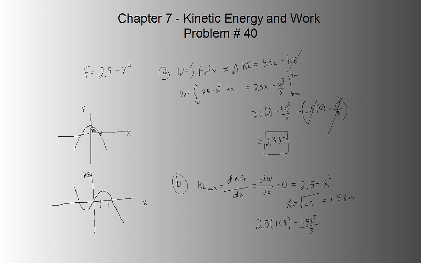I just did that right here. Now we're evaluating it at 1.58, so we know that it's a little less than 2. But we should still get a higher value than this. And we do. We get 2.64 joules. This is the highest kinetic energy we get right here before it starts decreasing again.